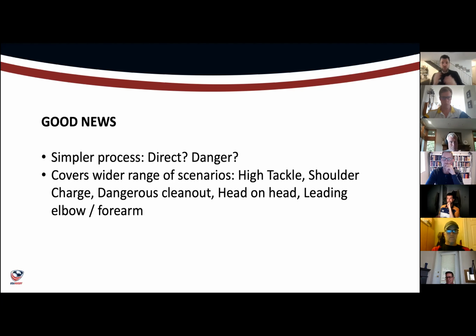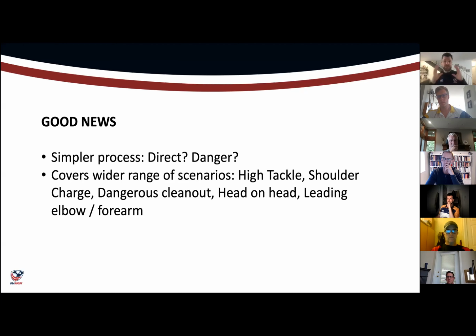Secondarily, what's great about the current process is that it covers a wider range of scenarios. Previously it was a high tackle framework, and people were like, well, do we apply this at dangerous cleanouts or various different charges or whatever that might be? In particular, one of the first questions asked by the high tackle framework was, have we got a shoulder charge here, or have we got a high tackle?